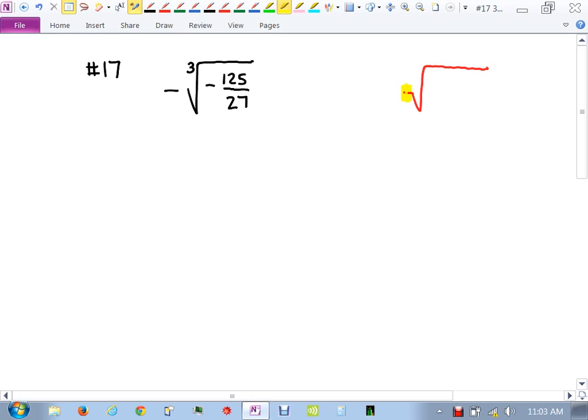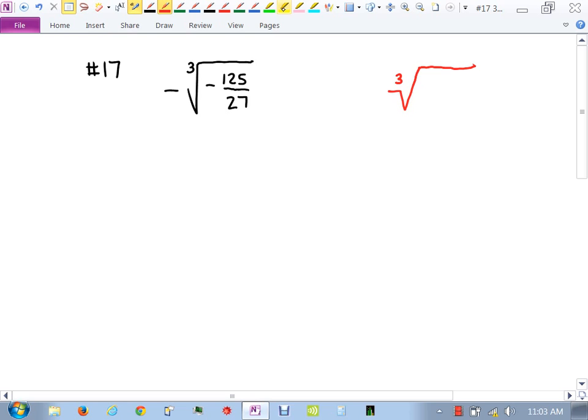I don't normally do that, but a student had shown me that's the way they do it. And what it does is it allows you a good place to put that cube root so that you don't mix it up with something else. It just allows you to have a little more space in there. FYI, if you want to try that, it might help you keep things organized. All right.